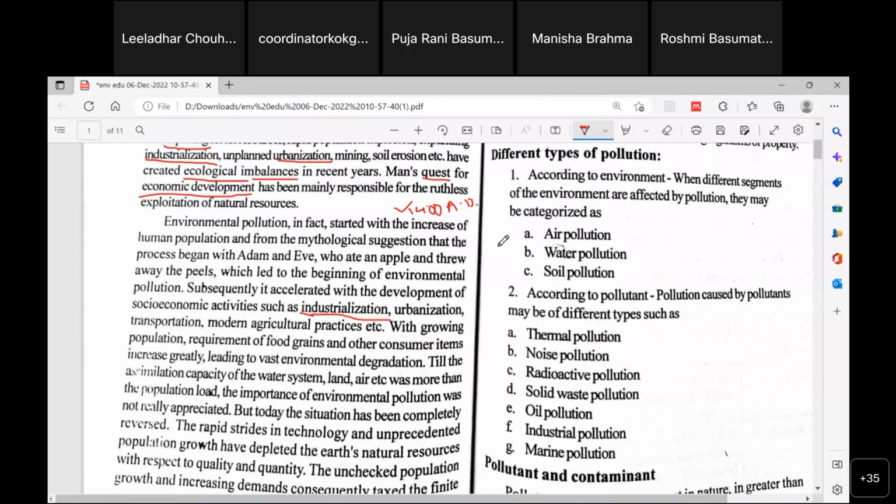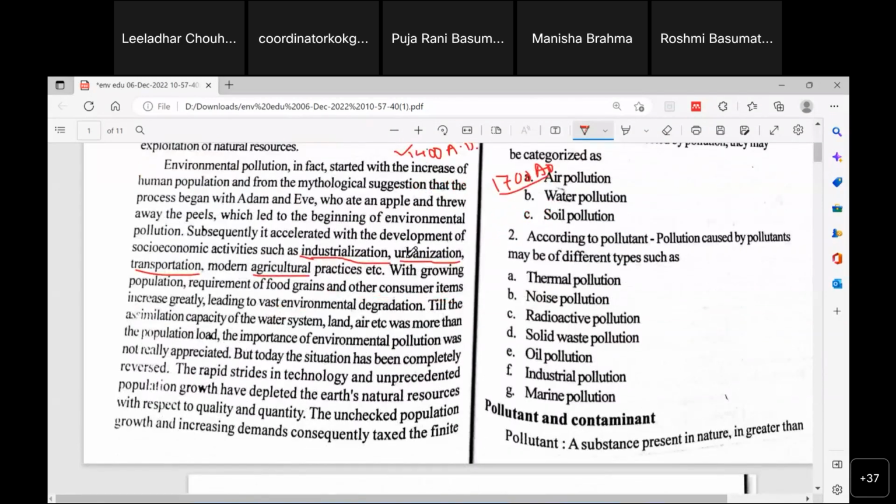And when it came around 1700 AD, lots of industries started taking up, and that resulted in urbanization, growth of cities, transportation, lots of traffic, vehicles started coming, railway networks were built, and agricultural practices were also enhanced with chemistry, chemical ingredients.